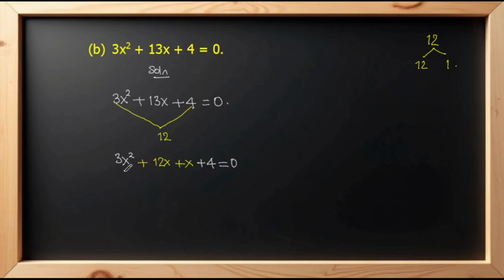Now when you look at the first number and the second number, we have a factor of 3x. So we can pull out our 3x, then we're left here with an x to obtain back this whole number. Now the next one here, since 3x is already out, then we're left here with only 4.